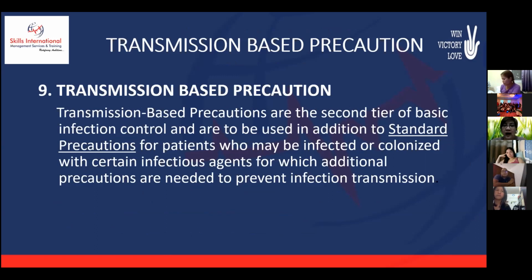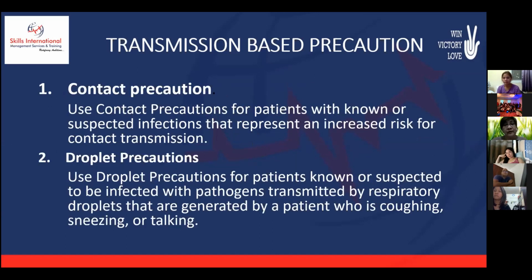Okay, so in addition to the standard precautions, for patients who may be infected or colonized with certain infectious agents, for which additional precautions are needed to prevent the transmission of infectious material.